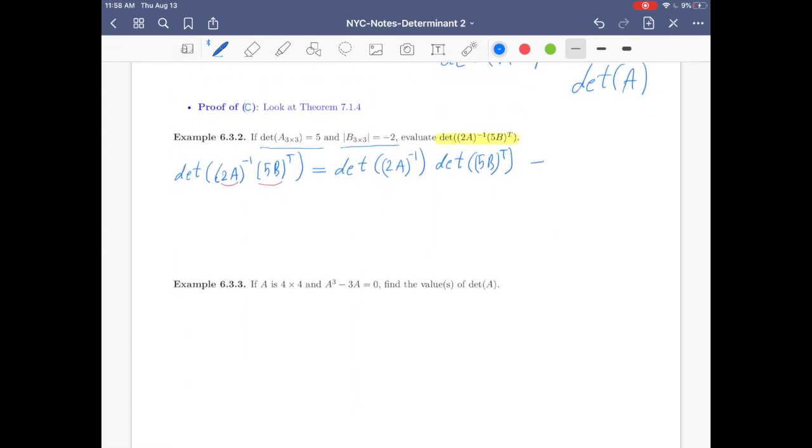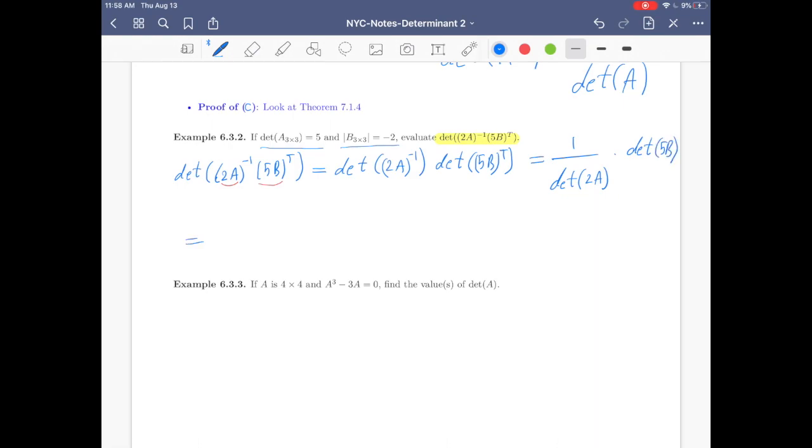Now, the first determinant, because it's 2A, the whole thing inverse, equals 1 over the determinant of 2A. And the determinant of 5B transpose will be the determinant of just 5B.